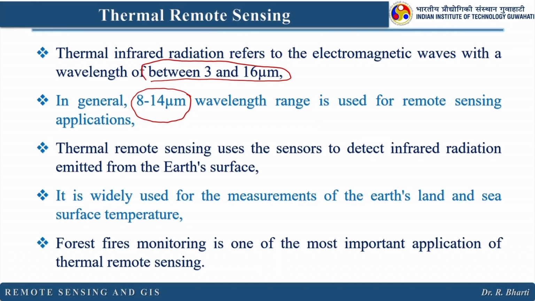And then forest fire monitoring is one of the most important applications of thermal remote sensing. There are many other important applications too, but this is one of the major applications in forestry, right?